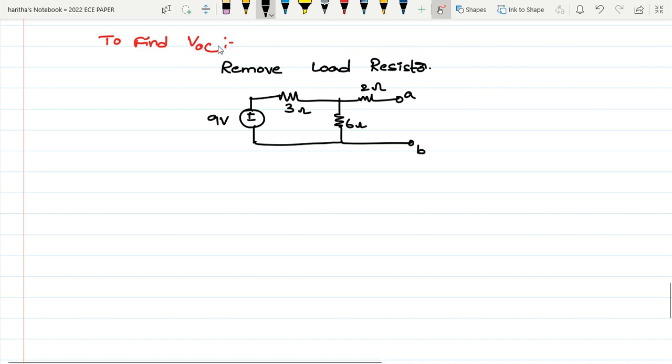Now we are finding the open circuit voltage. Where you open the circuit, between those two terminals, you have to find the voltage. See, this is the open path. That means there will not be any current flowing in the open circuit. If there is no current flowing in a resistor, then you can neglect that resistor and redraw the circuit.